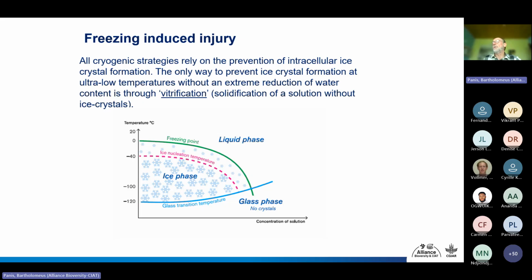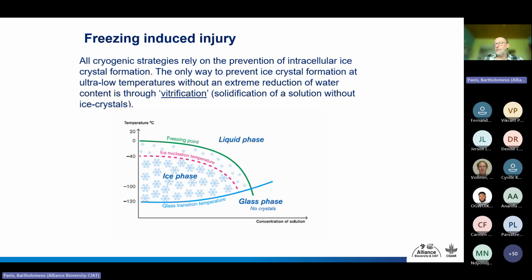So when you remove all the water, you will also kill the cells. This means that you still need water in the cells and have no ice crystals when you expose them to ultra low temperatures. And the only way to do that is using a phase.